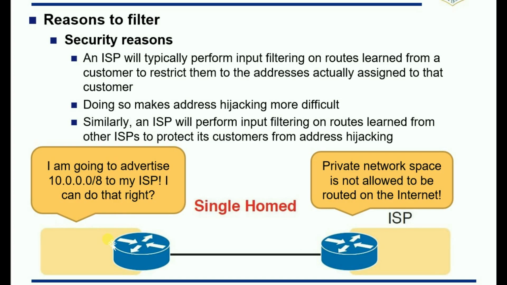Those private address spaces are not allowed to be routed on the internet, so the ISP should automatically apply a filter to filter out those private address spaces. Also, what happens if I'm hijacking someone else's IP address and trying to advertise that to my ISP? My ISP should know what IP addresses are connected to that interface, which is to me, so that they will only accept route updates for what I'm supposed to have. That gets rid of address hijacking.